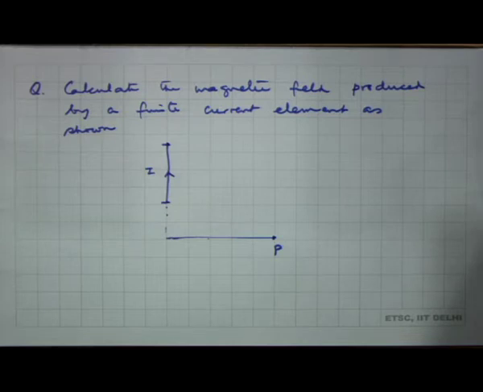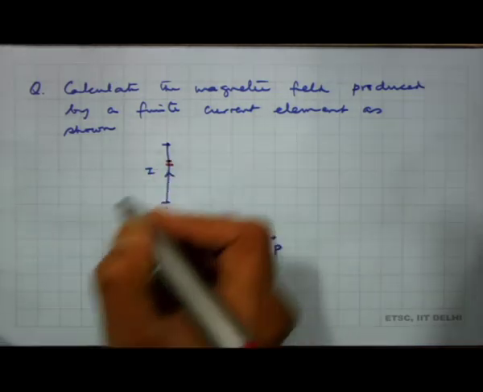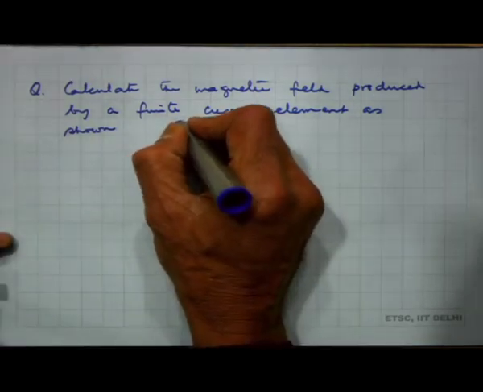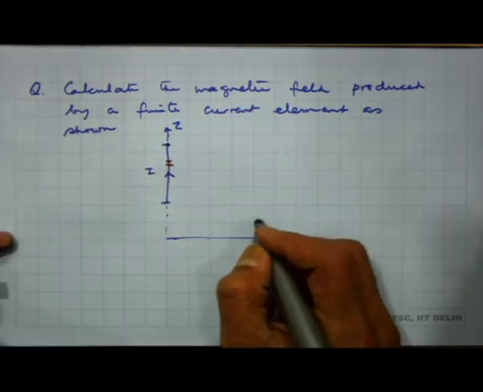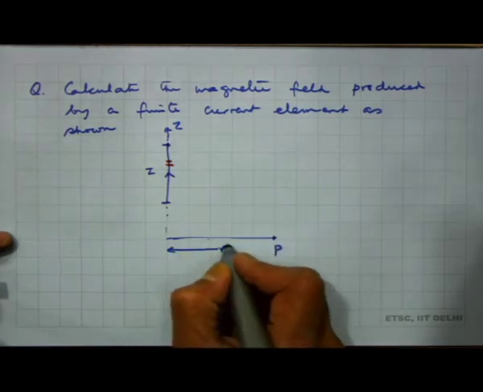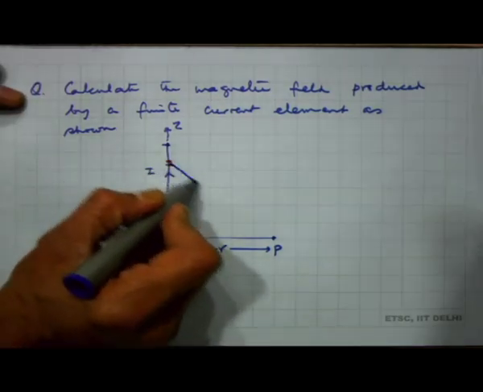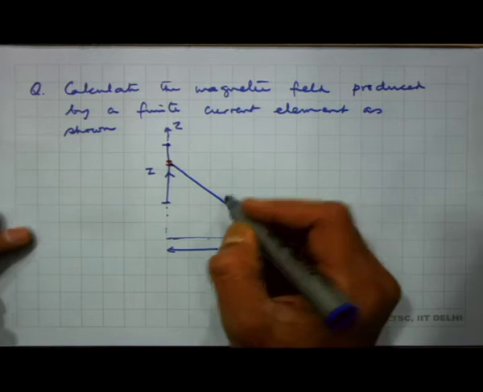For this, what I do is the following: I take a small element of length here. Let me call this direction the z axis, and let me call this distance r from here. I take a small element and join these 2 points.